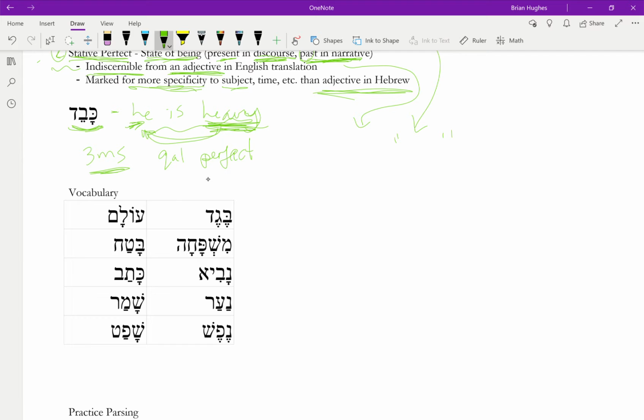Here we have the word beged. It's a segulate noun, so the accent is on the first syllable here, beged. So it's garment or clothing. This is the word mishpacha. So here we have a shava. It's preceded by a short vowel, so it's silent.